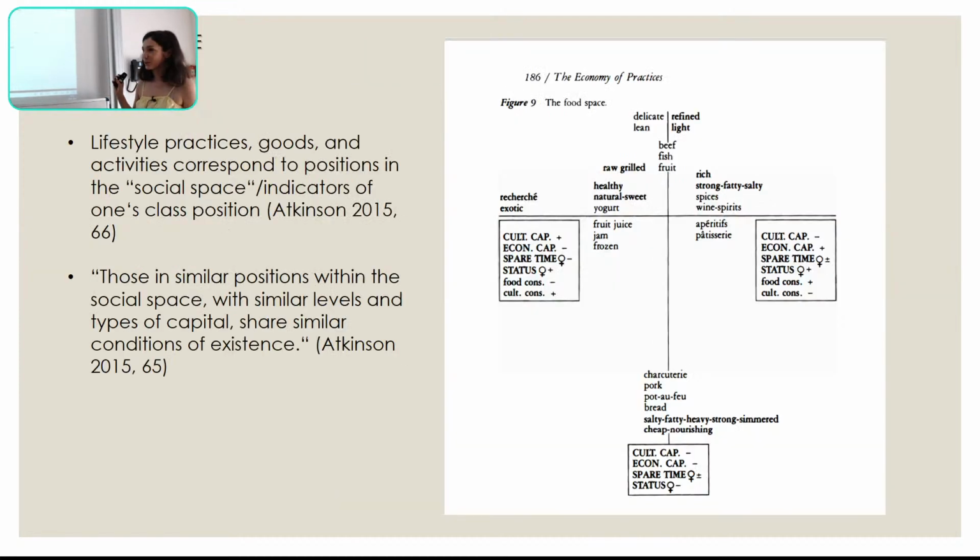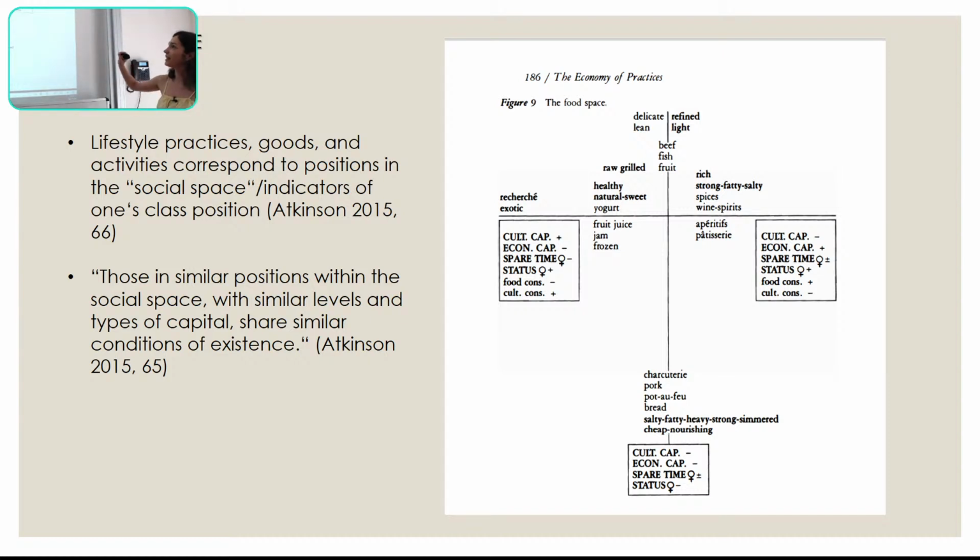And so I brought the food space. This is from Bourdieu's book, where, as I said, if you have a lot of economic capital because you're born into an upper class, you have time to be more playful.